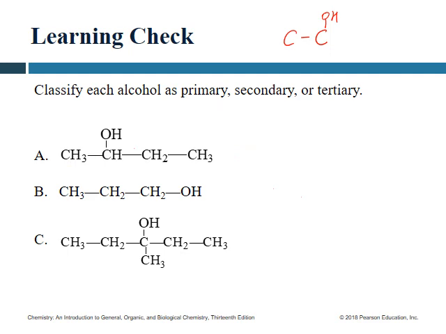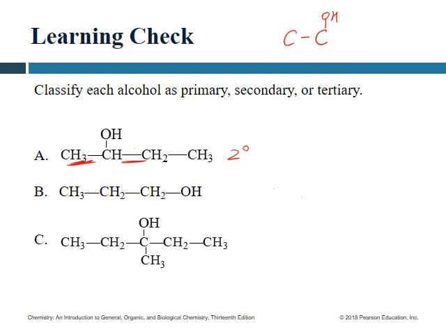How many carbon-carbon bonds does it have? One carbon-carbon bond on this side, one on the other side. So it has 2 carbon-carbon bonds, which means this is secondary. It doesn't matter how long the chain is. It is directly bonded to one carbon, and the other carbon is bonded to whatever, it doesn't matter.